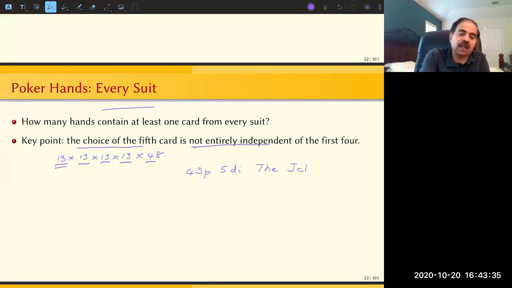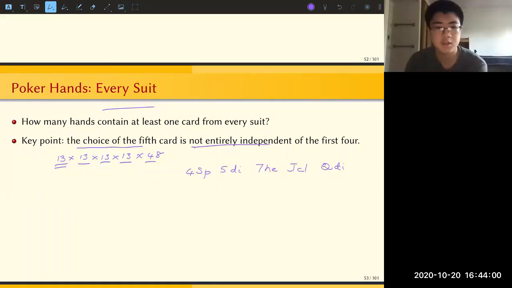And then the 5th card could be, let's say, queen of diamonds. Okay, so can you see where things could be double counted? Again, you don't have to be sure, but you can guess.